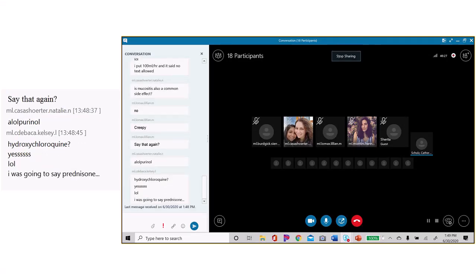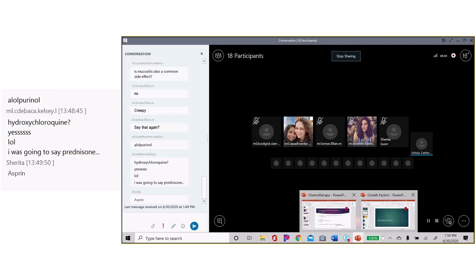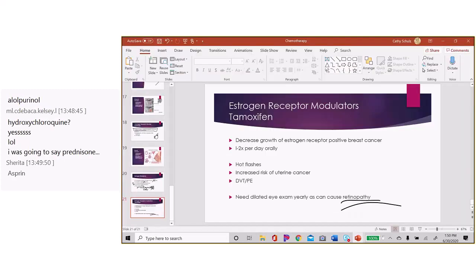Yep, prednisone is one of them. It's amiodarone that was the other one that caused cataracts. So keep throwing those questions at yourself to challenge yourself to see what you remember.